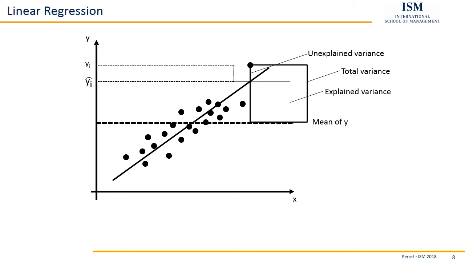That's the squared difference of the mean of y and the estimated value, yi hat, divided by yi minus the mean of y, squared. And we do this not only for this one data point, but we sum this up for all our data points. This leads to the following formula: the explained variance, as described above, divided by the total variance. And this then is our R squared.